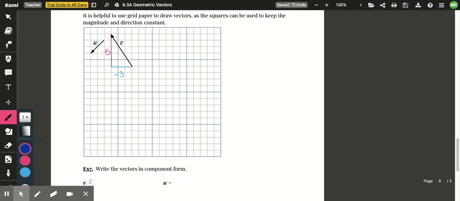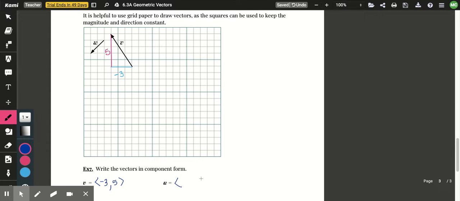So my component form for v, I'm going to start with the correct notation there. These arrow edges, they're arrow brackets. And then I'll put my x component first and my y component second. All right, so we'll do the same with w there. This time I'm going to do it without drawing things on the grid up there. I'm just going to look at it and see what I can come up with.